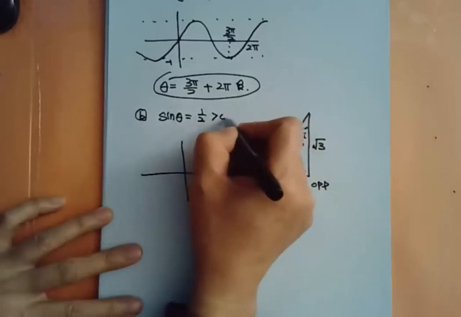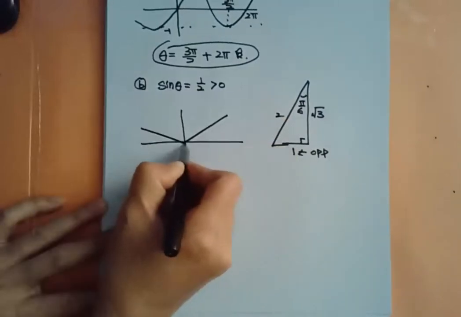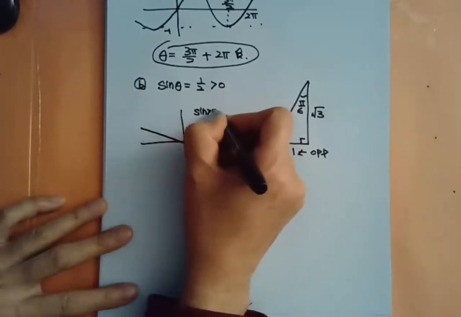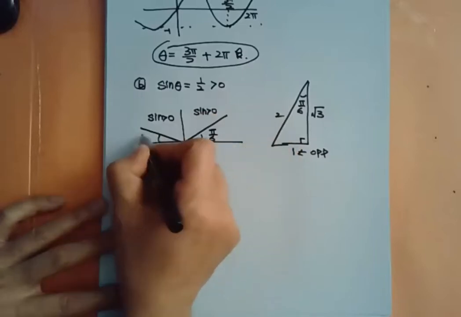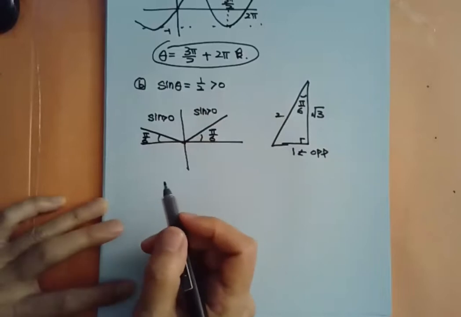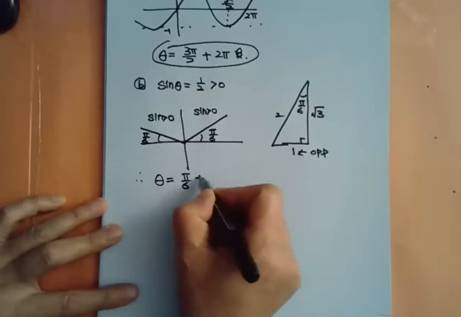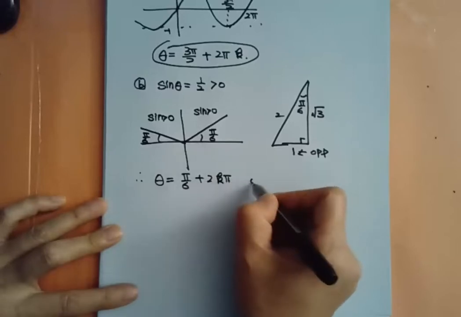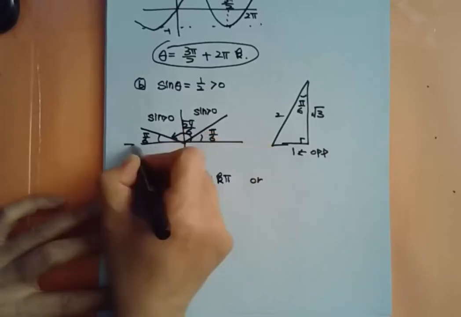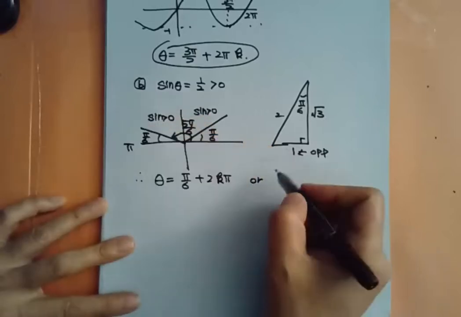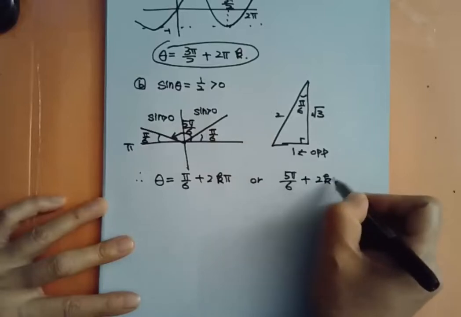Sine is greater than 0, so that must be in the first or second quadrant. This is pi over 6, and this is pi over 6. So theta equals pi over 6 plus 2k pi, or 5 pi over 6, because when we add them up, we have to make pi. So 5 pi over 6 plus 2k pi.